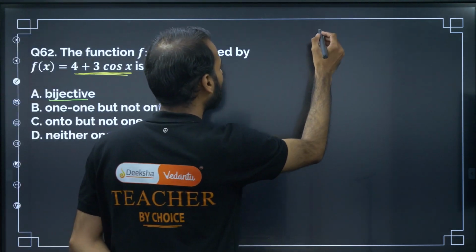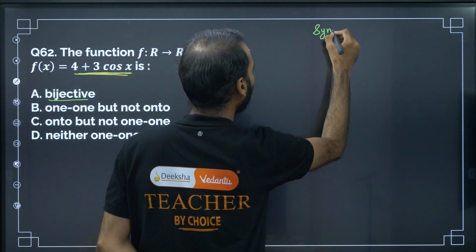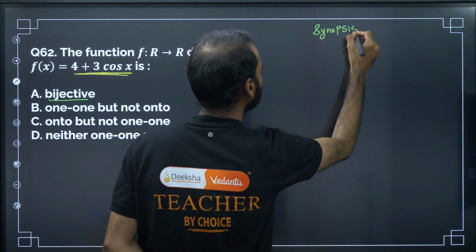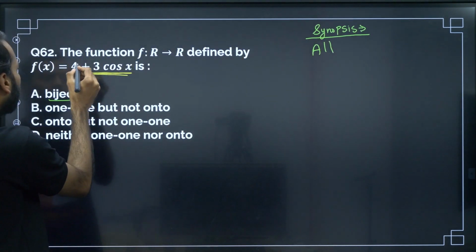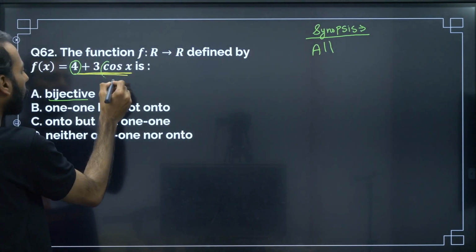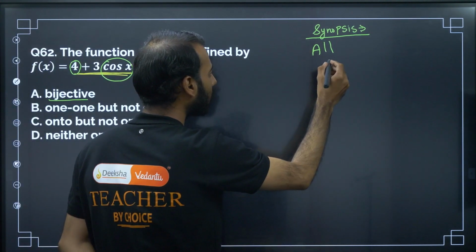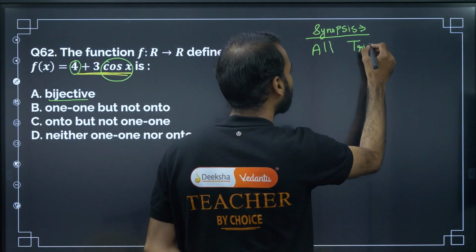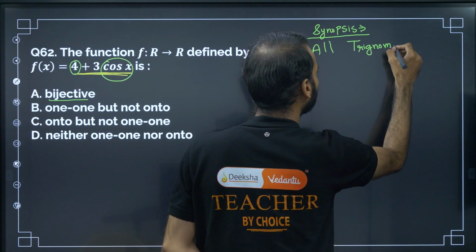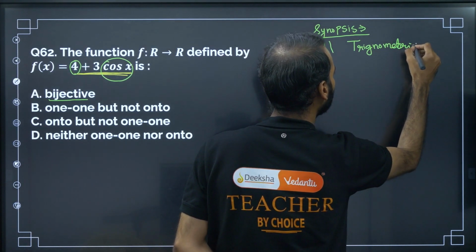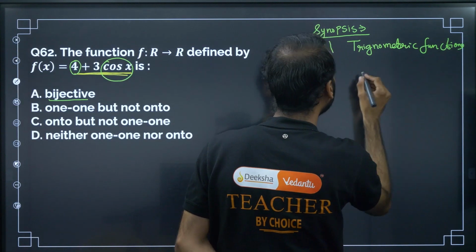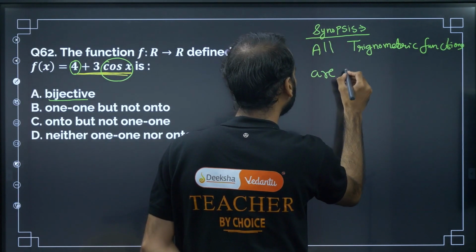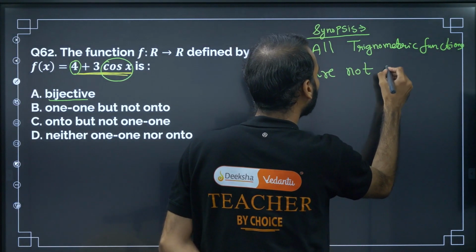Now in the synopsis you should know one point. If I observe this, this is 4, okay, no problem with 4. Then cos x. Now one point you should know: all trigonometric functions are not one-one.